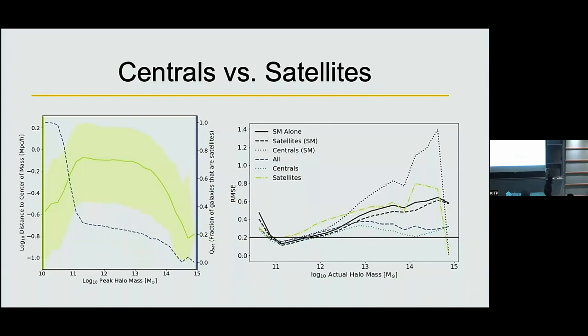Maybe it's not so surprising that you have a larger RMSE for the satellites, because if you plunge a subhalo into a cluster, then you get all sorts of stripping of the dark matter, and you start removing that connection that your machine is learning between the number of neighbors and so on. Yes, I think that is a good explanation. Okay. As good of an explanation of that as I have. Okay, yeah, I think it looks fine to me.